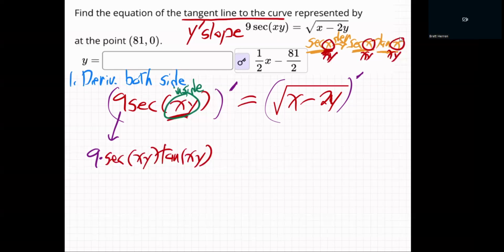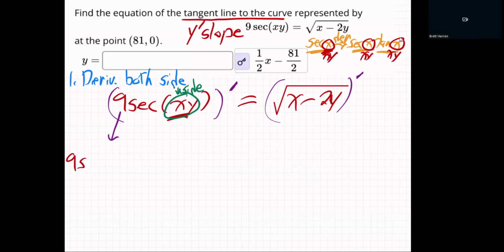Remember, if the inside of any function is not a simple x, then the chain rule, I'm going to go times, and this problem is going to be big. Here, I'm going to give some more room because I didn't realize this was getting big.